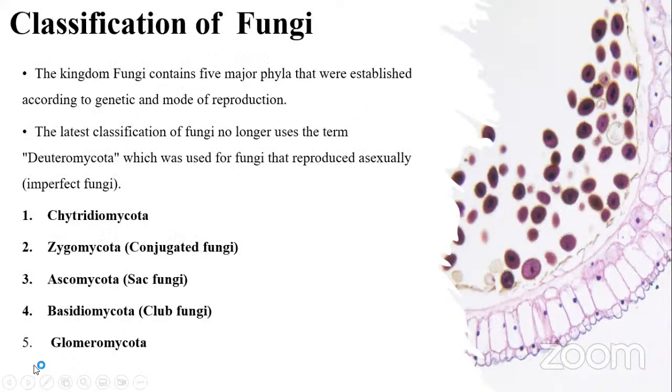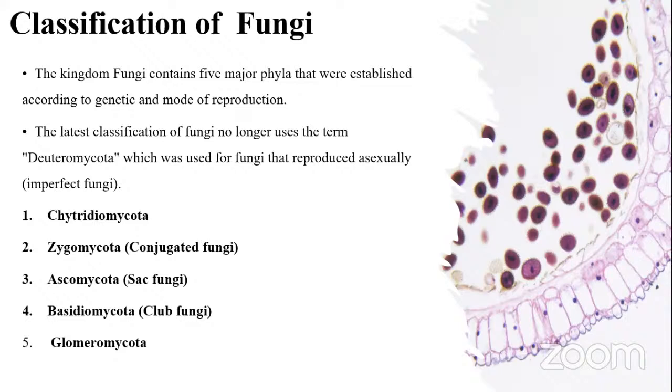In classification of fungi, we have five major phyla that were established according to their molecular characterization and mode of reproduction. The later classification of fungi no longer uses imperfect fungi, the Deuteromycota. It has been replaced, so we don't have Deuteromycota again.